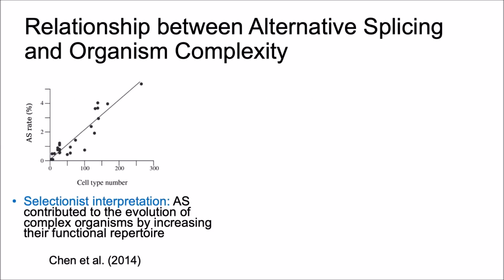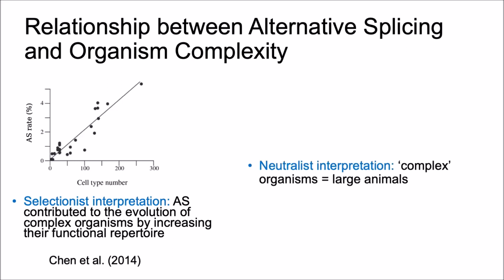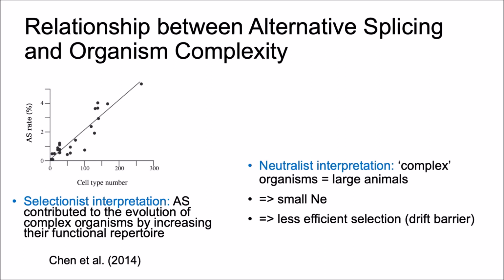One selectionist interpretation, which was proposed by the authors of this paper, that alternative splicing contributes to the evolution of complex organisms by increasing their functional repertoire, or a neutralist interpretation: because complex organisms correspond to large animals, and large animals have smaller effective population sizes, and therefore more random genetic drift, less efficient selection, they are more subject to the drift barrier.